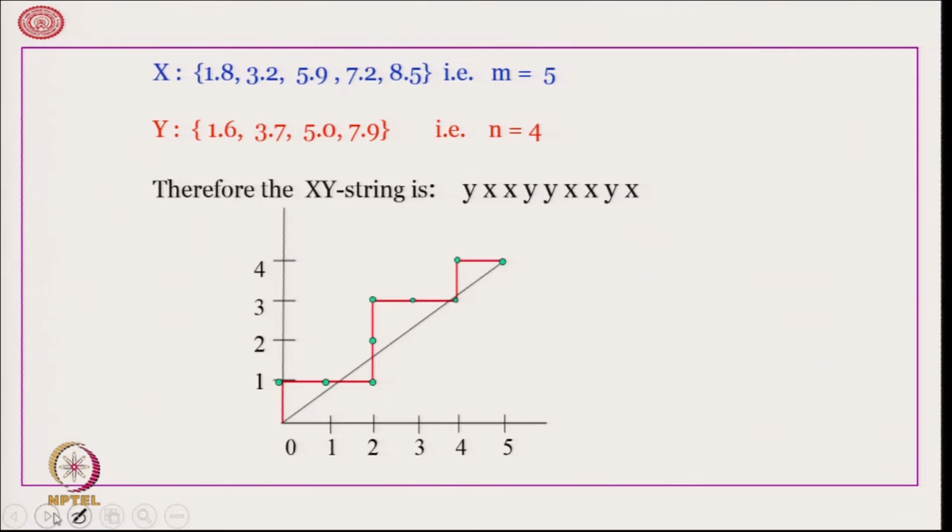So, let me illustrate with another example. Suppose these are my x's, these are my y's that we consider. Therefore, the movement is going to be in the sorted array y x x y y x x y x, that is from 0 0 to 0 1, then 1 1, then 2 1, then 2 2, then 2 3, then 3 3, then 4 3, then 4 4, and then 5 4.